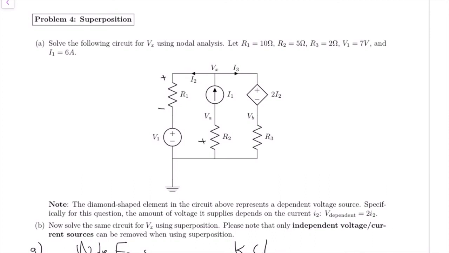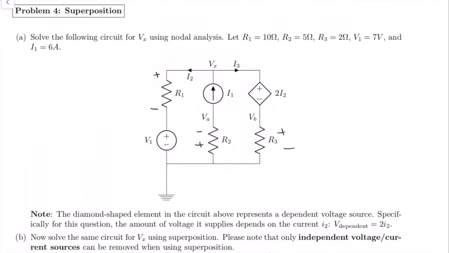Positive here and a negative here because of the current I1. And positive here and negative here because of the current I3. And one more thing, the current here is I1 because of this current source. The current right here in this node has to be I1, and therefore the current through the resistor must also be I1 because there's nowhere else for the current to go.